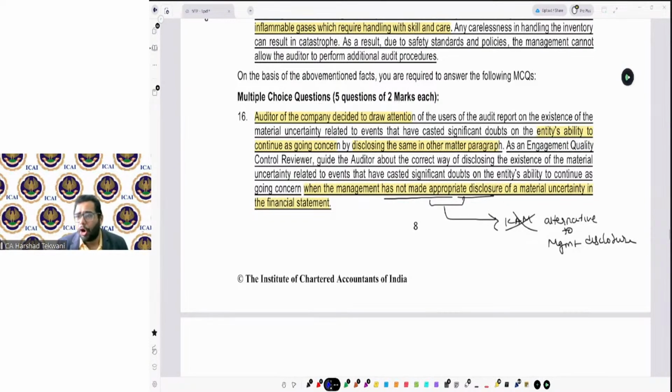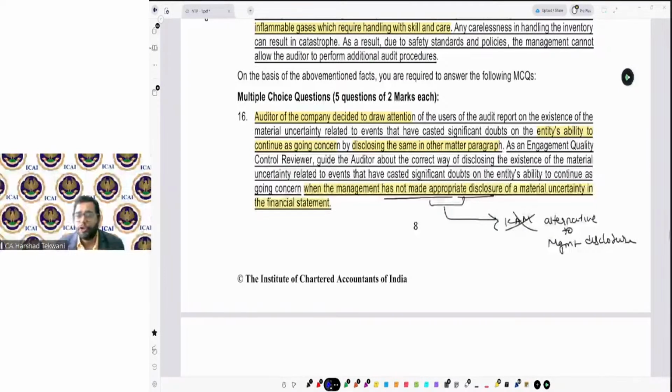Number two, with respect to the audit, it comes to SA 600. When I am going to use the work of another auditor as a principal auditor, I need to issue instructions to the component auditor with respect to the materiality and what I am expecting.